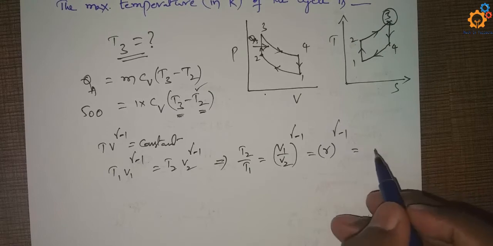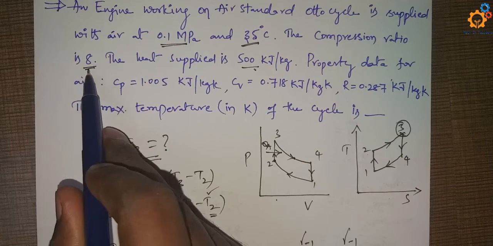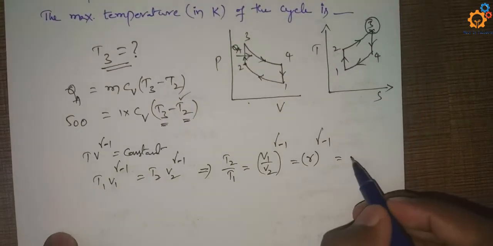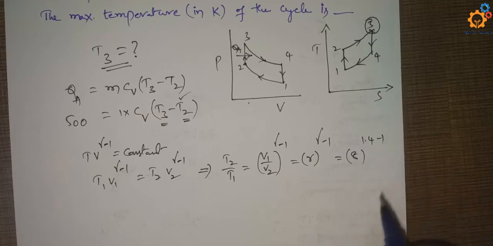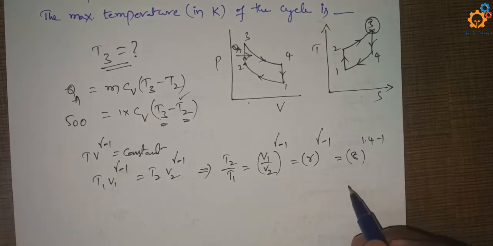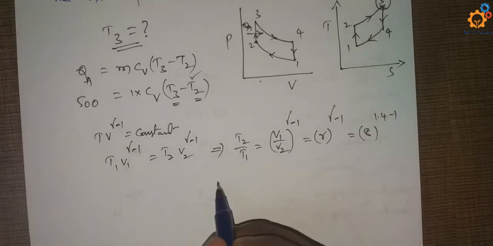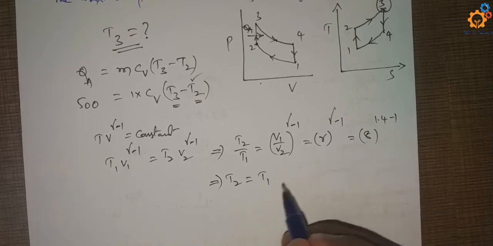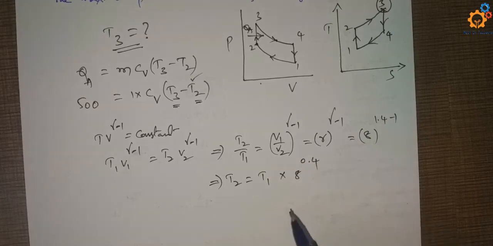In the question, compression ratio is given. Compression ratio is 8. Okay, so 8 power gamma for air is 1.4 minus 1. So if you calculate this, you will get T2, that is T2 is equal to T1 into 8 power 0.4.